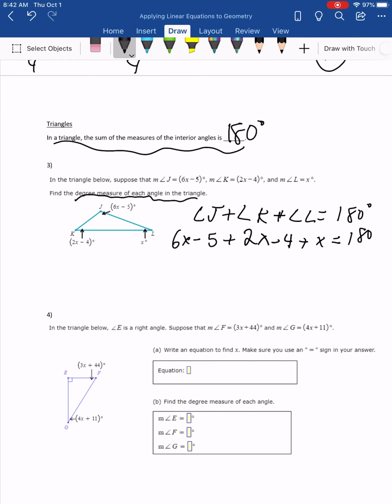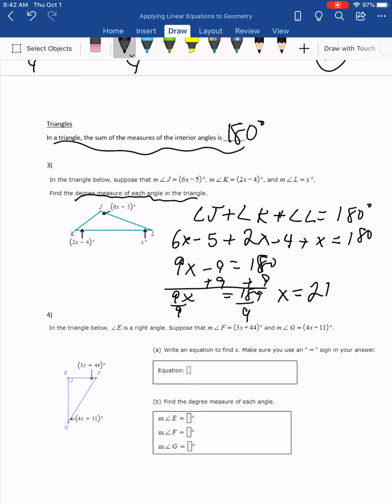So like terms, we've got 2x, 6x, and x. So 9x, negative 5, negative 4, and negative 9 equals 180. Add 9 to each side. 9x equals 189. And divide, so x is 21.